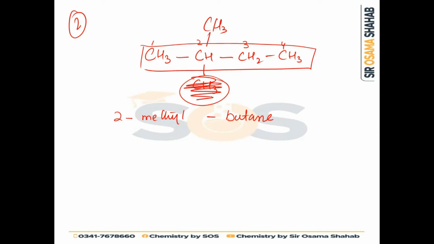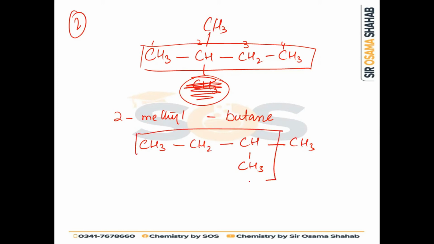It remains the same. Or if you want to put this methyl branch over here, up or down as you want, you can put it anywhere else. So you can take it like that. Even if it looks like a linear chain, it is still outside the chain. So it is the same.